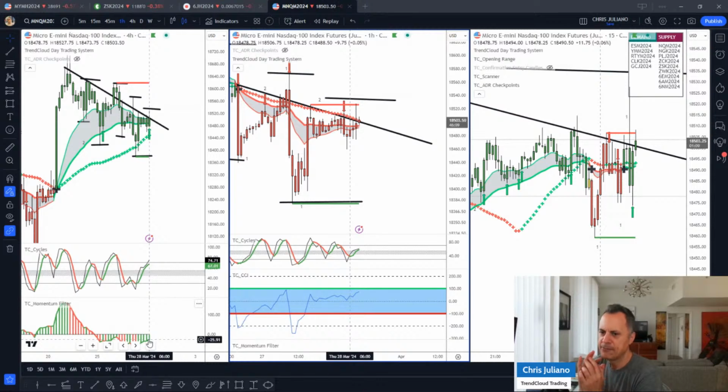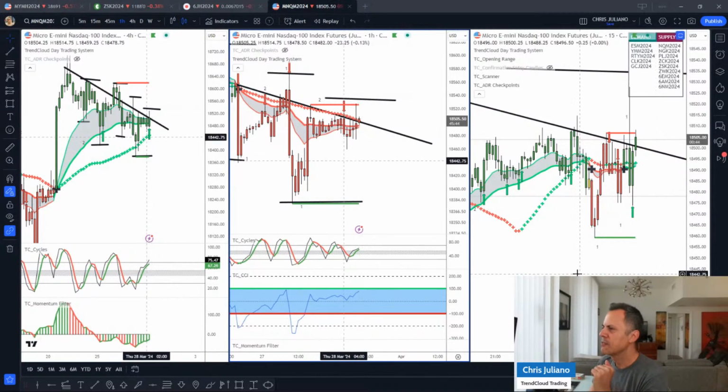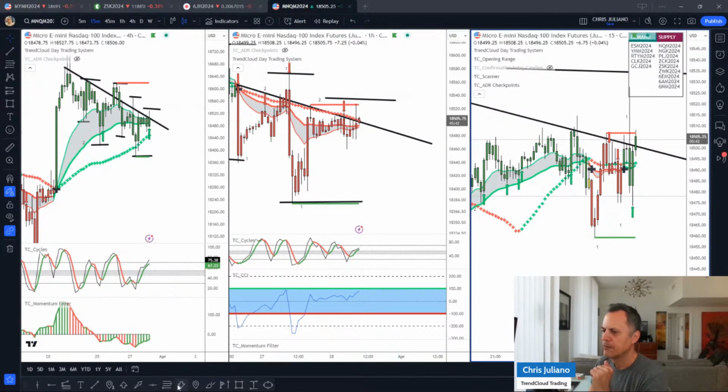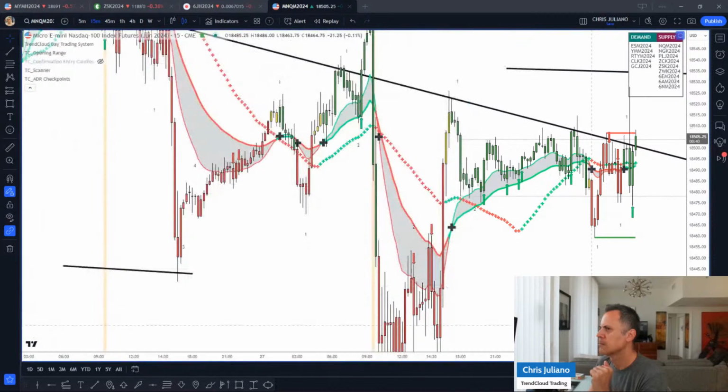And when you have two opposing forces fighting for position, fighting for dominance, is it going to be trend or is it going to be momentum? That's when you start getting these squished looking trend clouds, and consolidation, or that sideways movement. And we can see that on the lowest time frame.